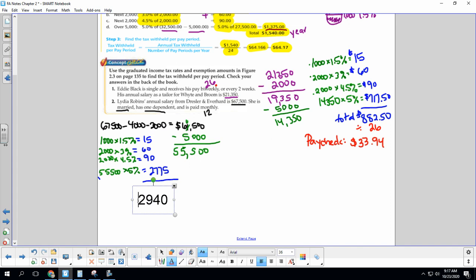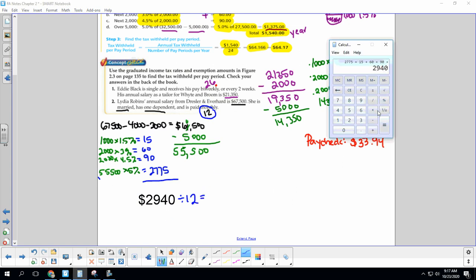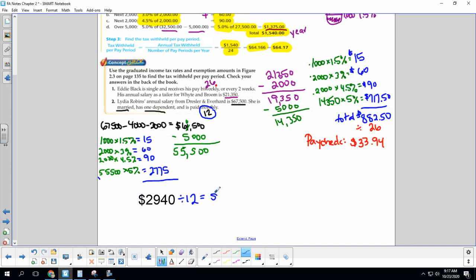But we are not done there. We have to divide by the number of paychecks we get in a year, divided by 12, and it's $245 in taxes each paycheck.